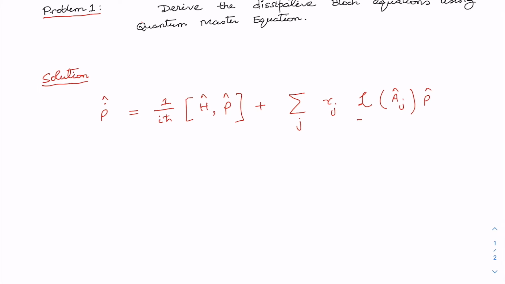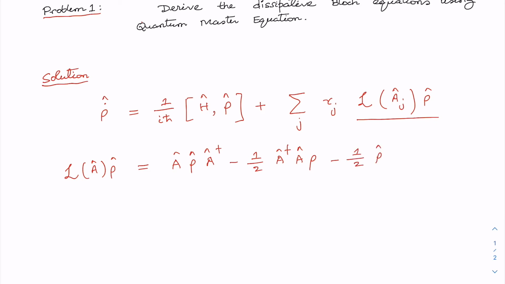So this is the Lindblad operator, and this Lindbladian is given as a rho a dagger minus half a dagger a rho minus half rho a dagger a.